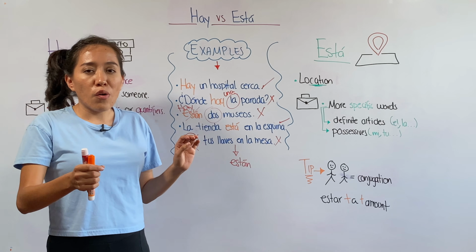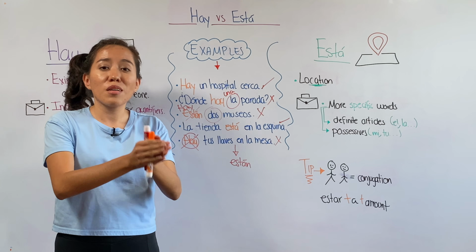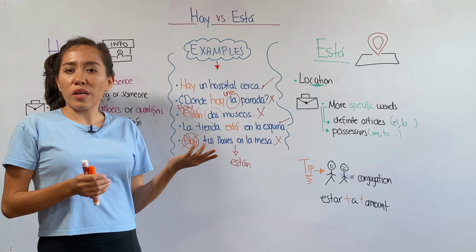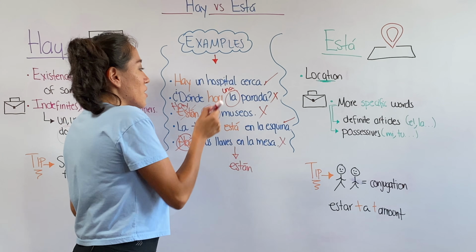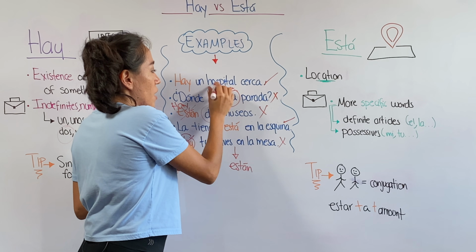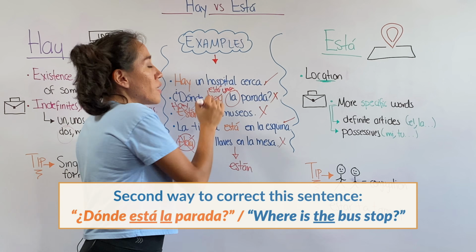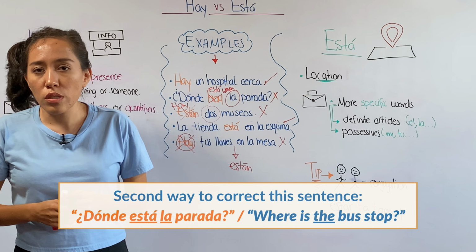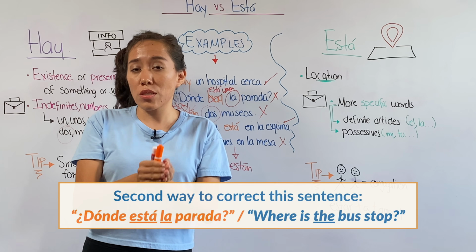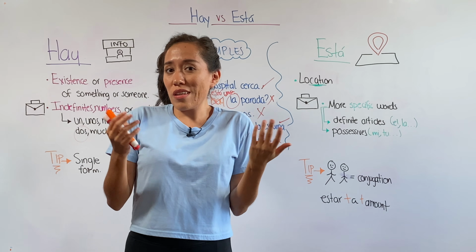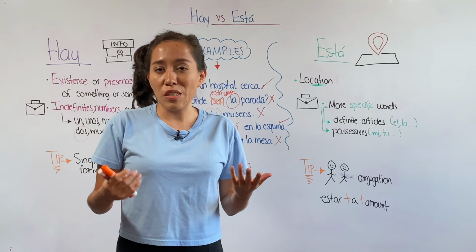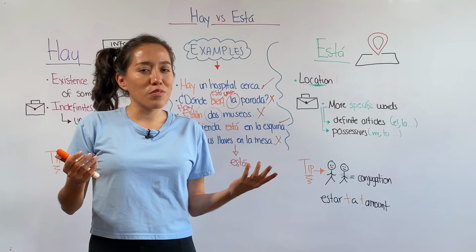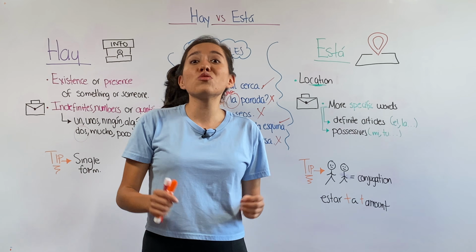If you already know that you're talking about a specific parada, a specific bus stop, but you just don't remember where it is, you can actually delete hay and say, ¿Dónde está la parada? Check that in this case, we're talking about a specific bus stop. But if you use ¿Dónde hay una parada?, you're just wondering or asking a person if there is any bus stop. There is a big difference, right? So be careful when you use these words.